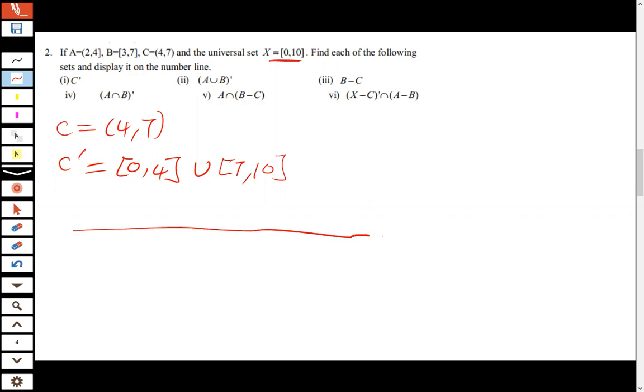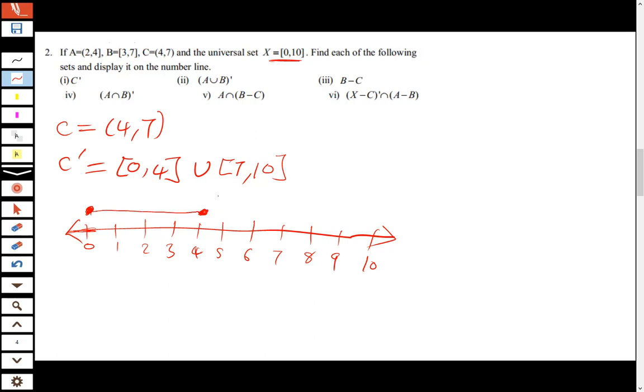So let us now draw the number line. We have numbers from 0 to 10: 0, 1, 2, 3, 4, 5, 6, 7, 8, 9, and 10. From there, we can put our set, which is our C complement.